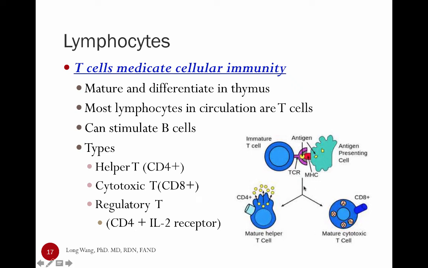Okay, so we can see upon differentiation, we have mature helper T cells with the CD4, and with the yellow dots. They learn the lesson, which are the bad guys. Then we have the mature cytotoxic T cells with the CD8. So these are the attackers. So different types of T cells would coordinate to make the immune response targeted and focused.